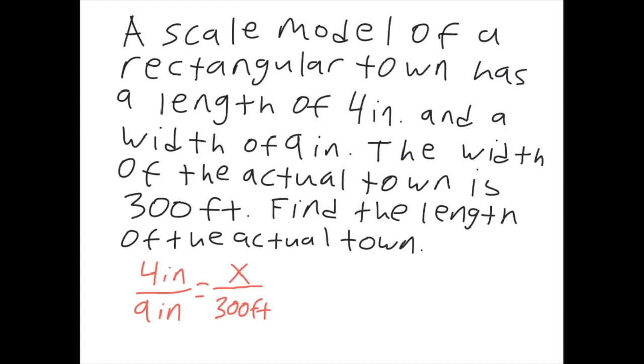So how many inches are in a foot? 12. So let's multiply this number by 12. So we'll still get our 4 inches to 9 inches, and x over, and then 300 feet is actually 3,600 inches.